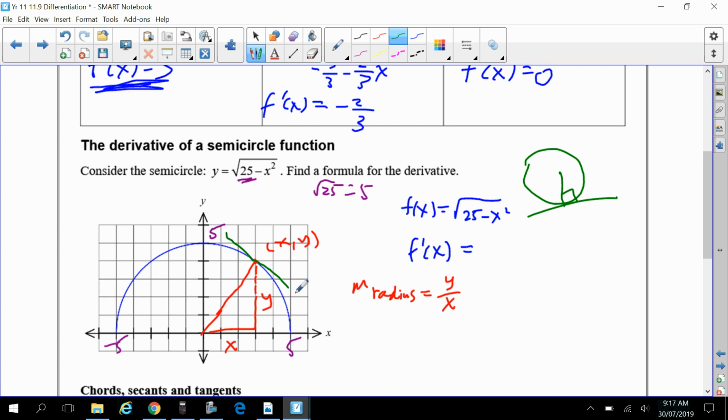What is perpendicular to it? So therefore, m tangent equals negative x over y, right? Perpendicular, remember, m1 times m2 is negative 1. That's how I got that.